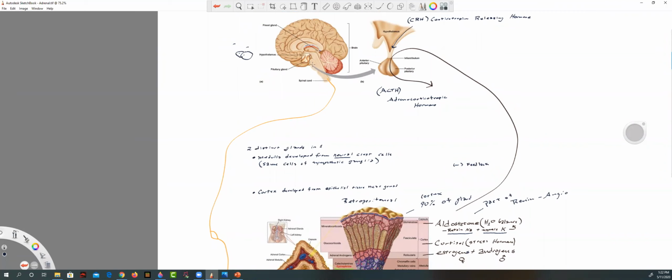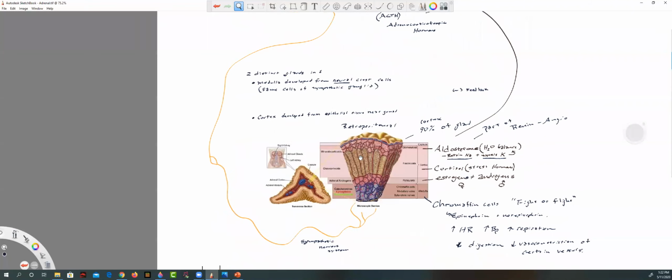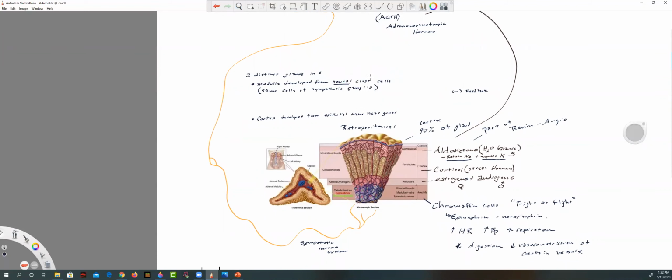The brain's going to say, "Oh, sugar," and it's going to send a signal down a nerve fiber, the parasympathetic signal down this fiber. This is a ganglion right here.